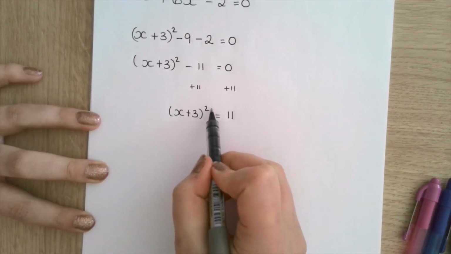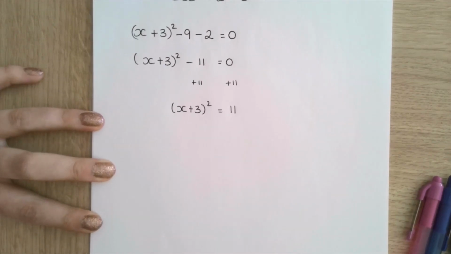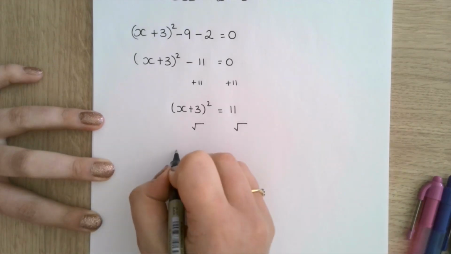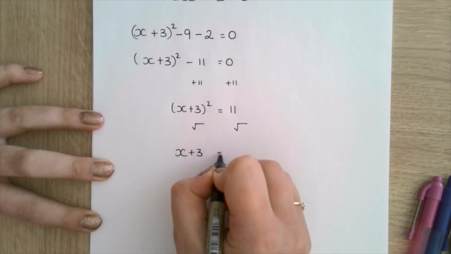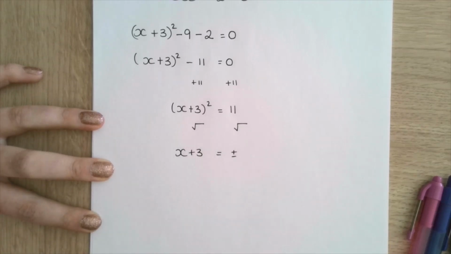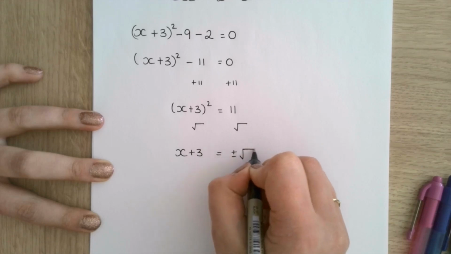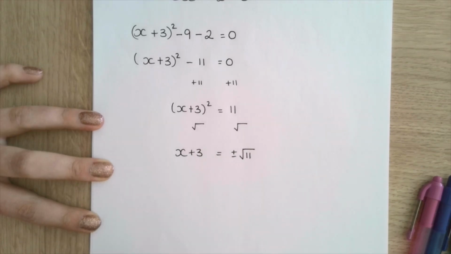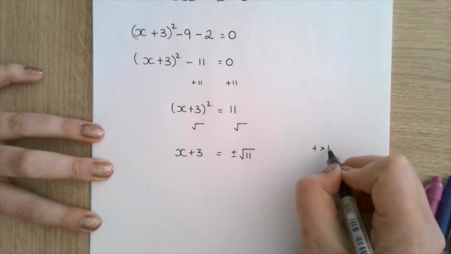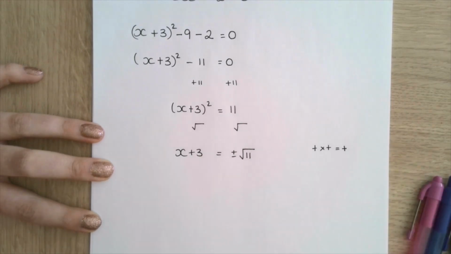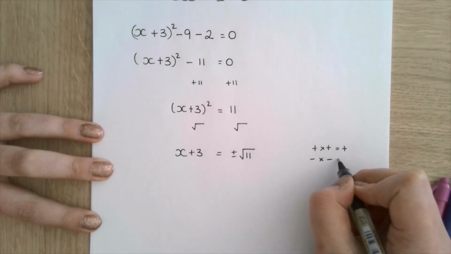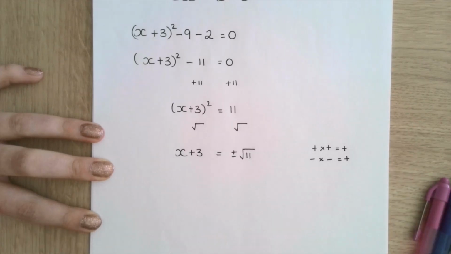I now need to do the inverse of squaring, which is square root. So I'm going to square root both sides. So x plus 3 is equal to, now I can either have the positive or the negative square root of 11. That's because a positive number times a positive number gets me a positive number, or I could have a negative number multiplied by a negative number giving me a positive number.